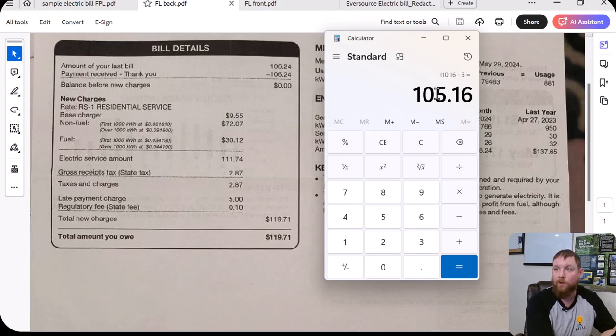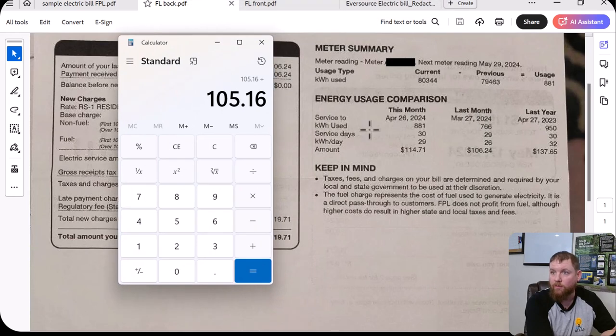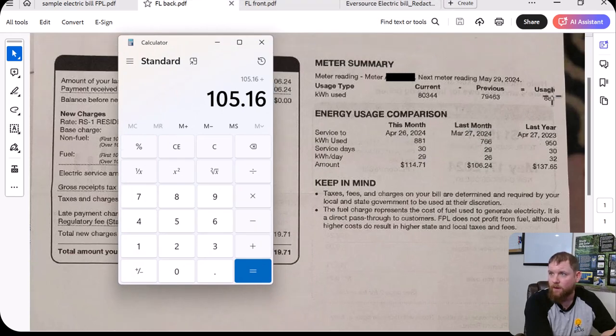So what we're going to do is take this 105.16 and divide it by the actual usage, which on this bill you can see up here, it took our previous reading and our current reading to figure out the difference. So the actual usage is 881 kilowatt hours, which is now $0.11.